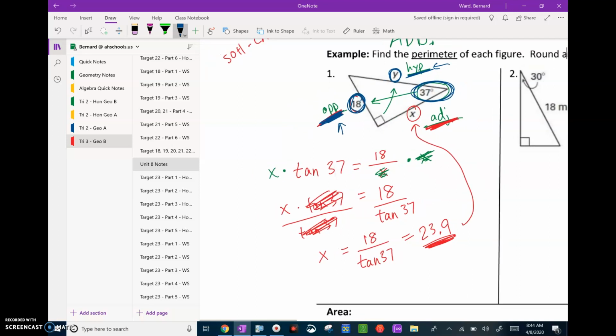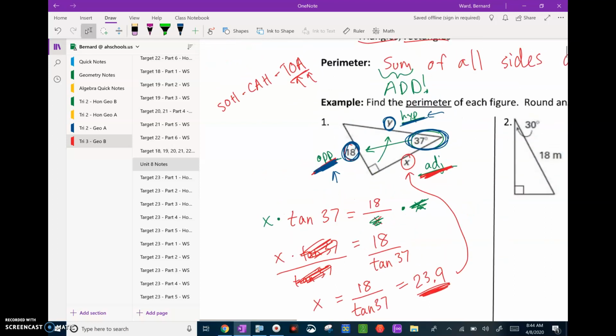Opposite and hypotenuse is going to be the sine function, right? That comes from SOH. Sine is opposite over hypotenuse. And so we're going to do the sine of 37 equals, and it's opposite on top of hypotenuse, so 18 over y. And this algebra will work the same as the x algebra.